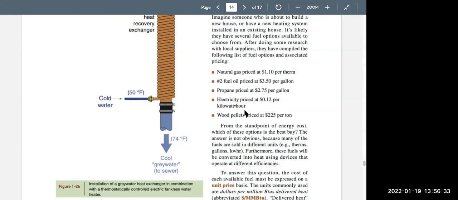Now, some of the stuff that can be done can make a huge difference. You may do a calculation where you have electricity as being the most expensive, but if most of that electricity is being made from a solar system, then maybe it's not, because that's free energy depending on what your cost benefit ratio is.